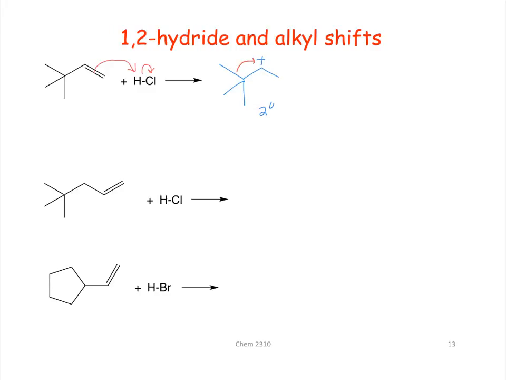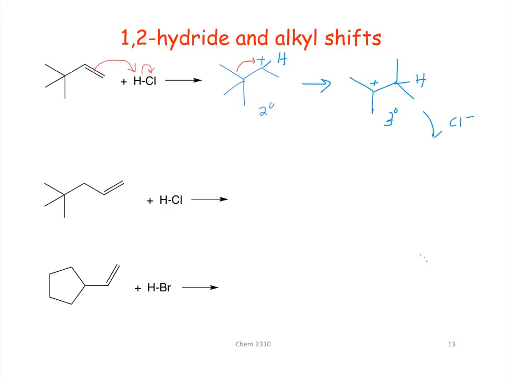So if this CH3 brings its electrons with it, then we move that methyl group there, and the plus goes to the point where the methyl group came from. Remember this had an H here already, so now that position has 2 methyl groups and an H. So we've gone again from a secondary carbocation to a tertiary carbocation.